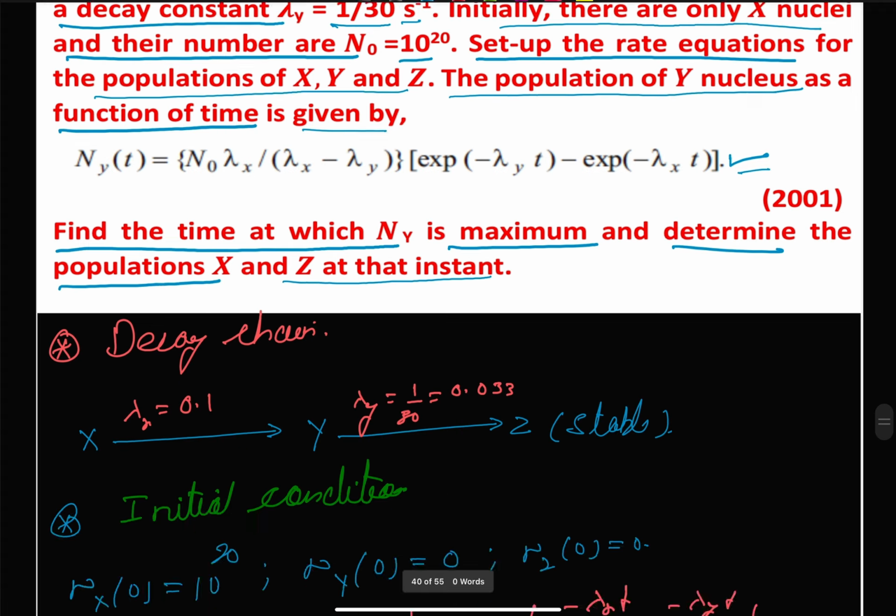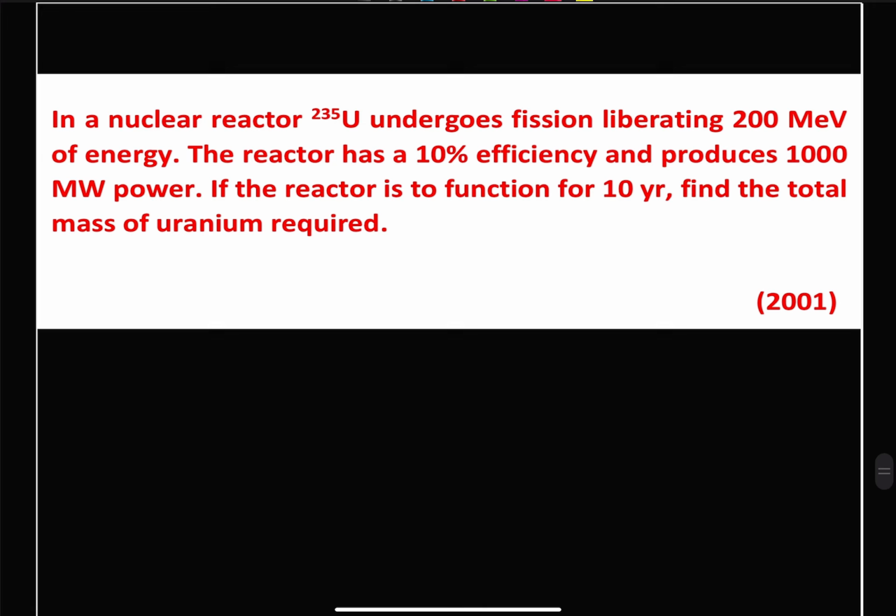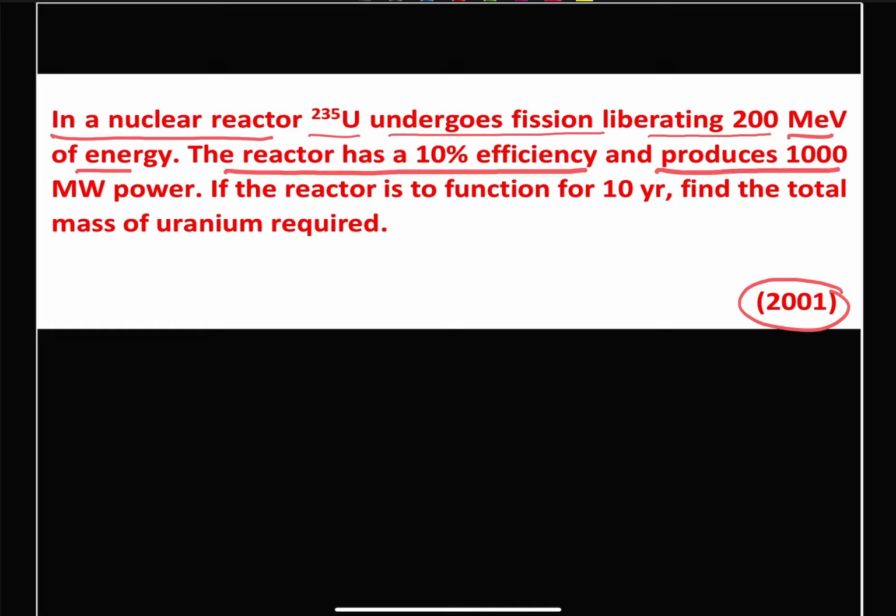Okay, next question. It states that it was asked in the year 2001, and states that in a nuclear reactor, uranium-235 undergoes fission, liberating 200 mega electron volt of energy. The reactor has a 10% efficiency and produces 1000 megawatt power.